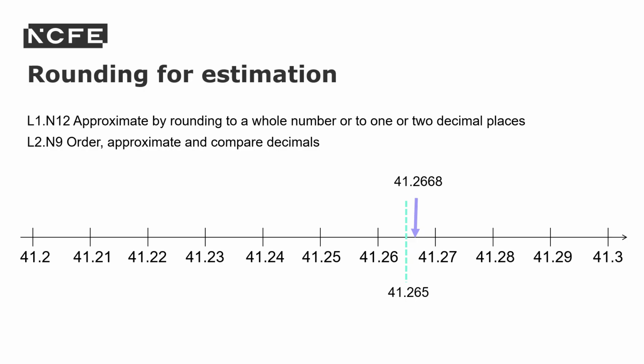So it's the third digit in our number that we need to look at. If the third digit is smaller than 5, we would round down to 41.26 because it's closer. And then if it's 5 or above, we round up to 41.27. So in this instance, since the 6 there is higher than 5, we're going to round up the number to 41.27.